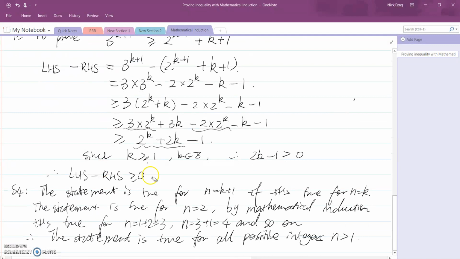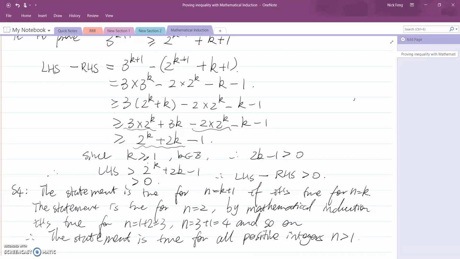And therefore you can write this statement. Therefore, left-hand side is greater than 2 to the power of k plus 2k minus 1, which is greater than 0. So left-hand side minus right-hand side is greater than 0, which proves the result we wanted.